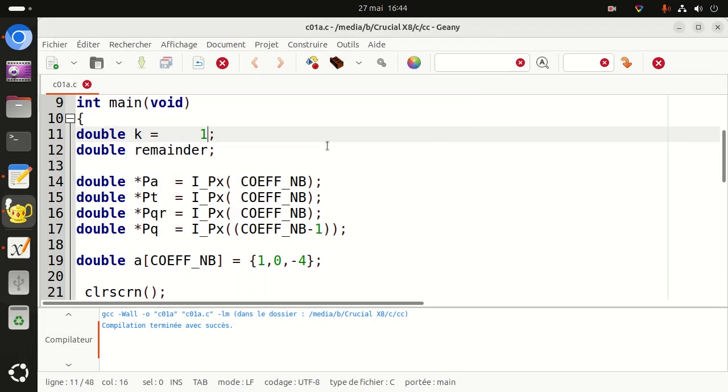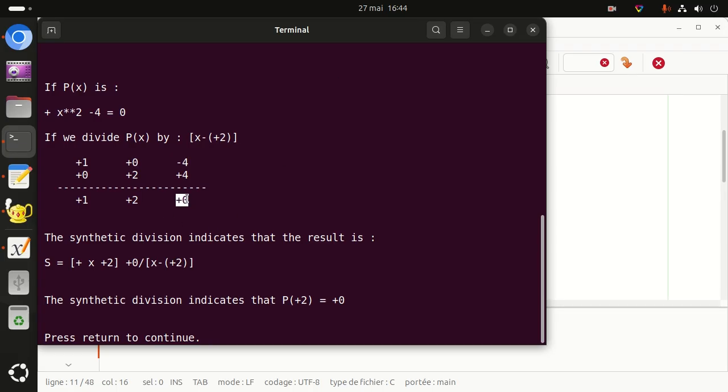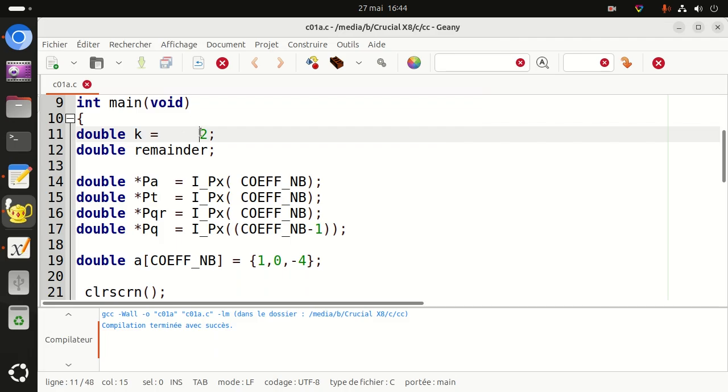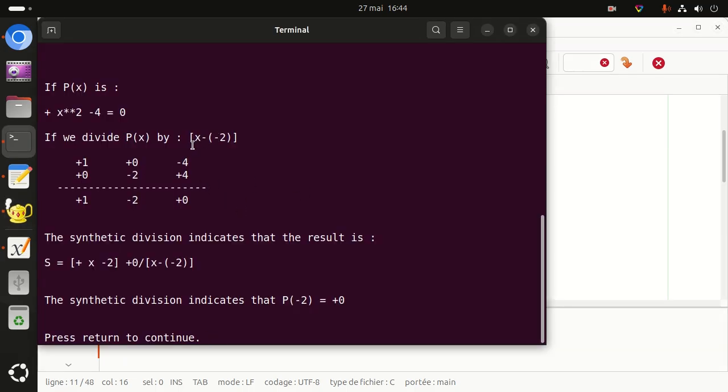But for 2 and minus 2, the remainder is 0 because 2 is a root of this polynomial, and minus 2 is also a root of the polynomial. Okay.